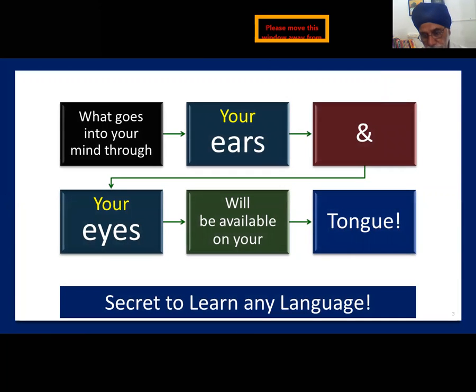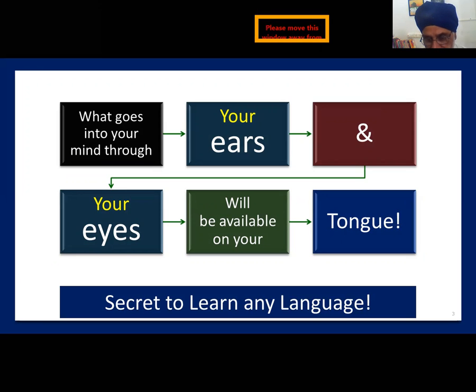Now, before I get into giving you these six methods, I want to give you a secret formula of learning any language, which goes something like this. What goes into your mind through your ears and your eyes will be available on your tongue.